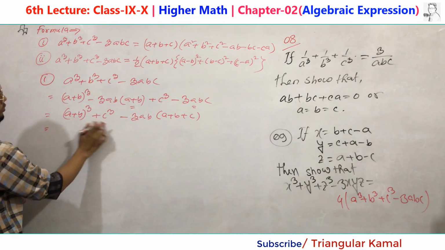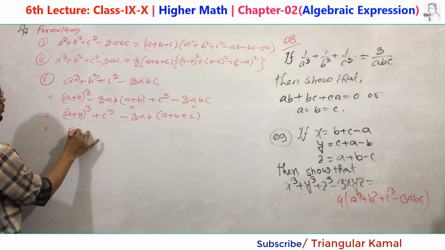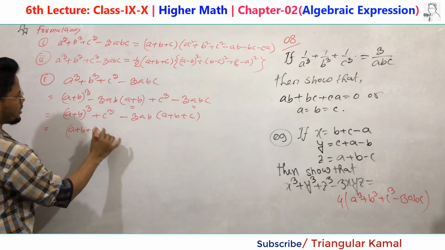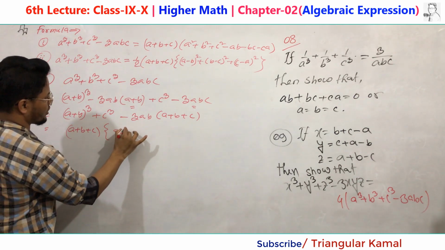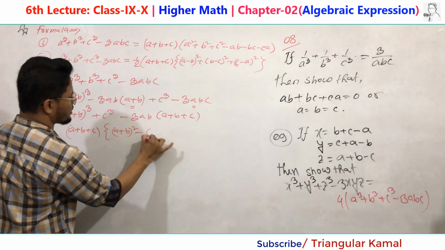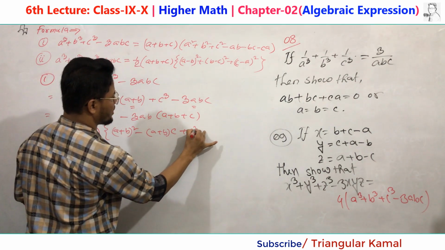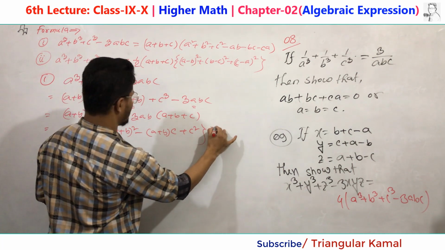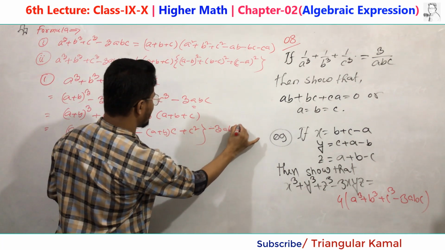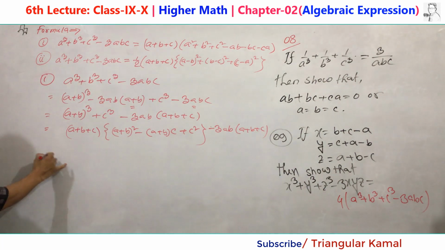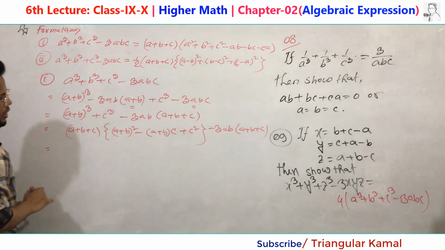Now use another formula for the first two parts, a cube plus b cube. This will be a plus b plus c, and then the second bracket of a plus b: a square minus ab plus b square, and here minus 3ab, a plus b plus c. Now which one is common?